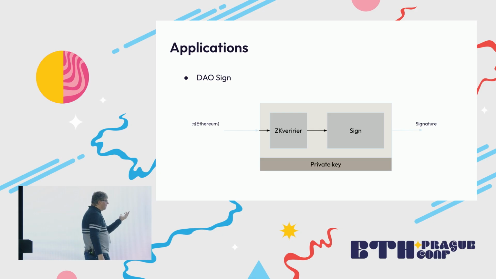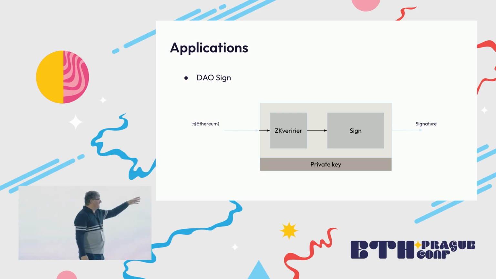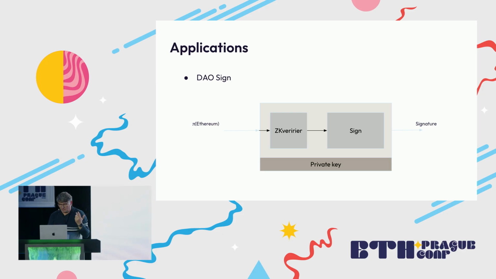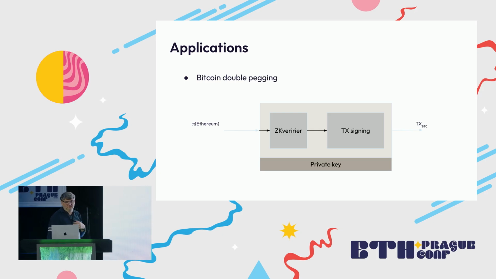Well, with this system, you could. And the schema is very much the same. You execute something, you prove something, and if this smart contract goes a certain way, if you prove that this is correct, then you will sign something, maybe just sending some funds or doing some signature here. So this technology allows us to easily do these things.